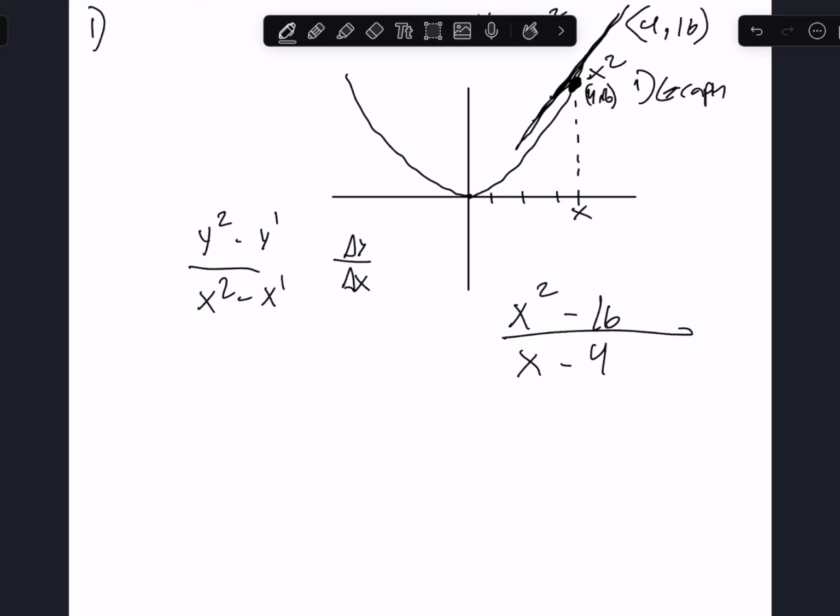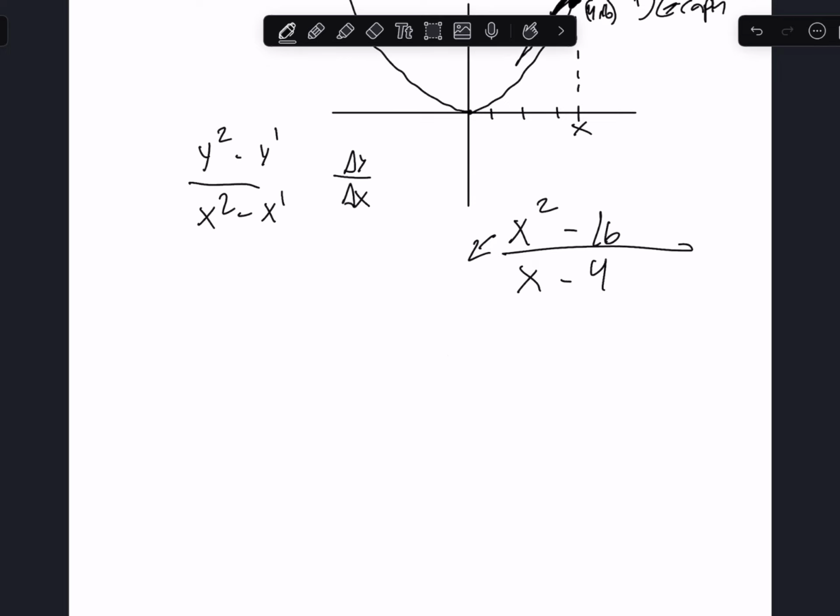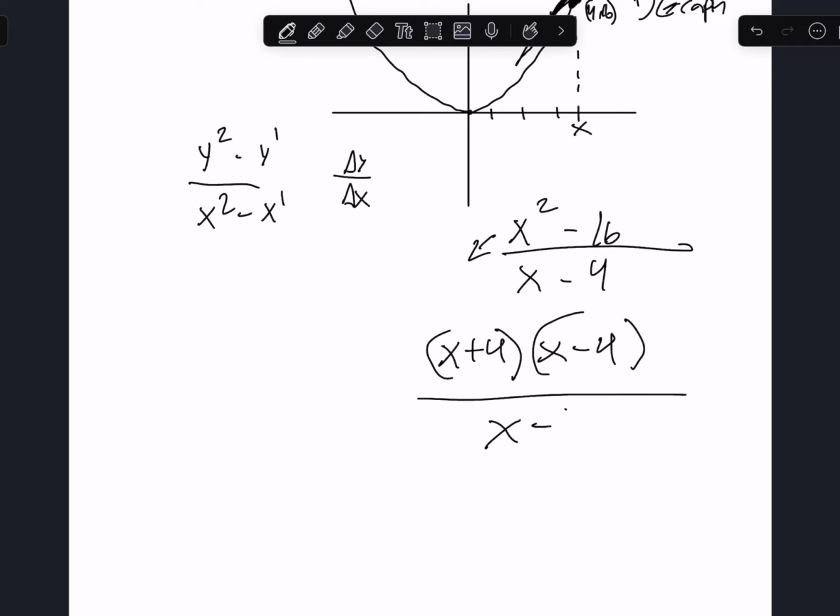Now to solve this, we have to break down our numerator, and this can be broken into (x plus 4)(x minus 4) over x minus 4. And this is when x is approaching 4.